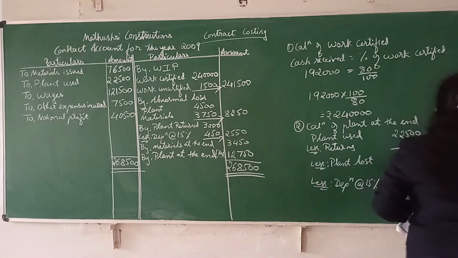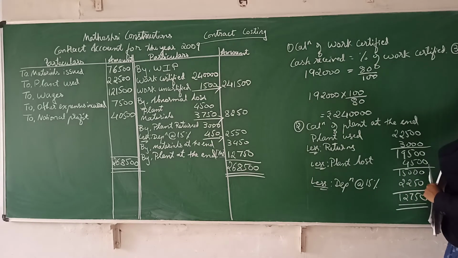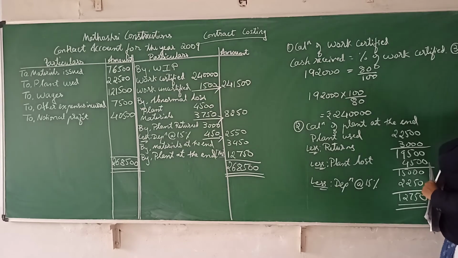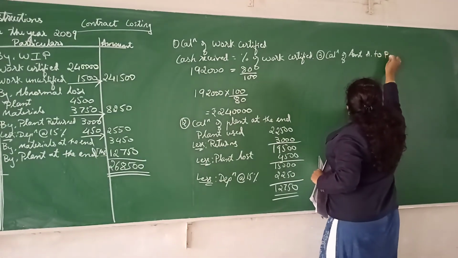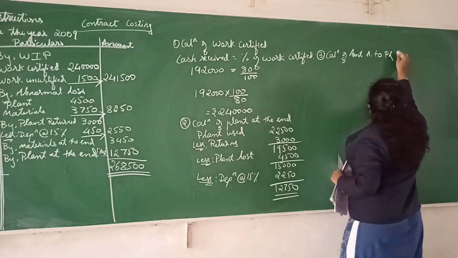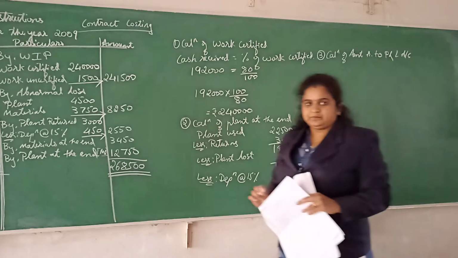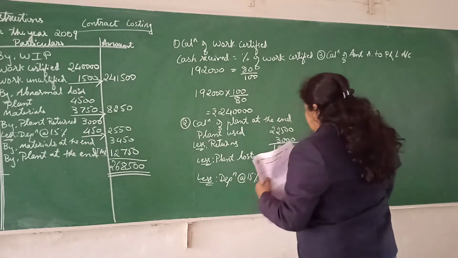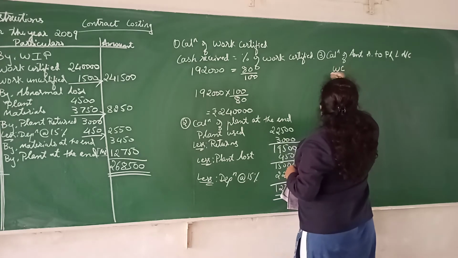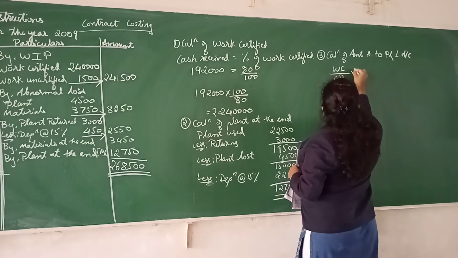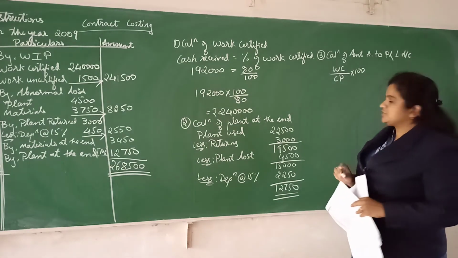Third working note. Calculation of amount transferred to profit and loss account. Okay, so work certified divided by contract price into 100 is the formula to find out percentage.